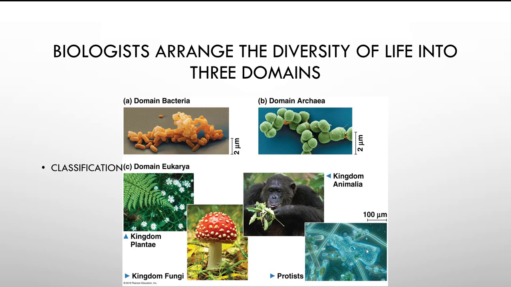So they are protists. So that's how we can classify some diversity of life. So we can divide every single organism into one of these 3 domains. And if it's found in domain Eukarya, we can further classify it into one of these 4 groups.